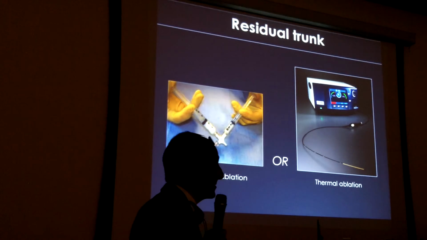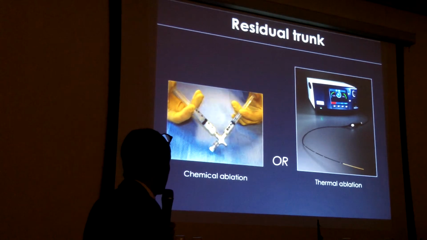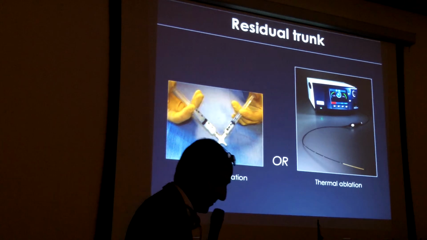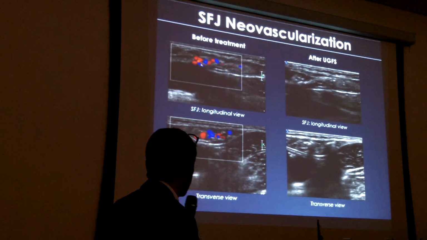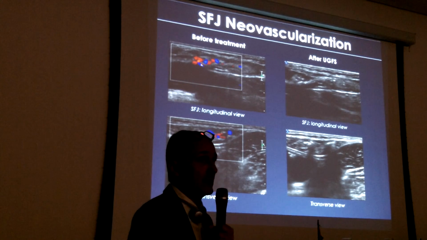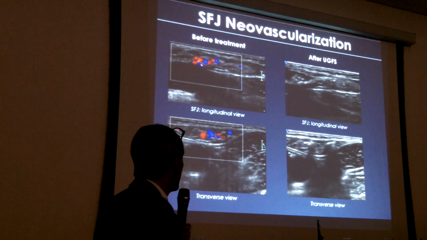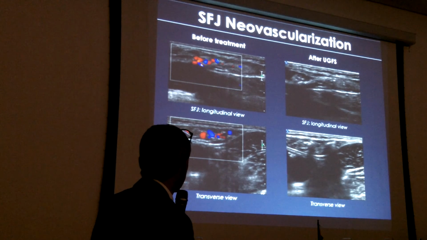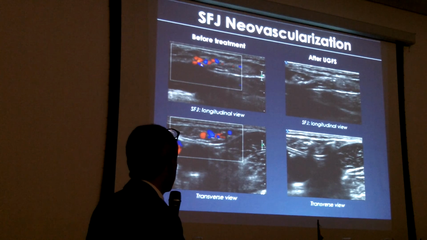So there is a situation where, in case of residual trunk, we can use chemical or thermal ablation. But in case of neovascularization, ultrasound-guided foam sclerotherapy is surely the only technique suitable to treat these small veins, and it's quite easy to achieve.